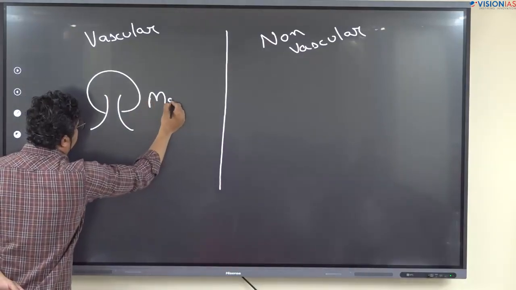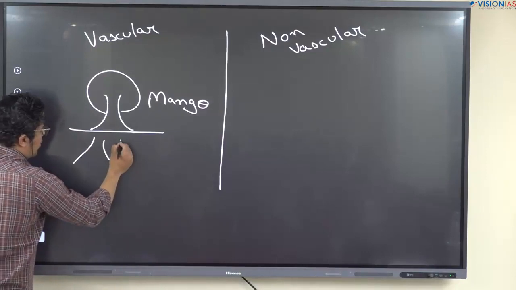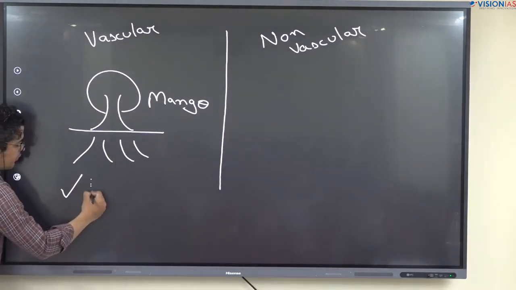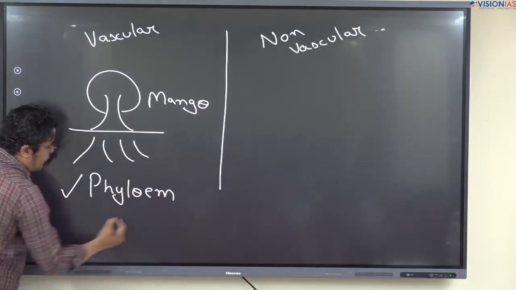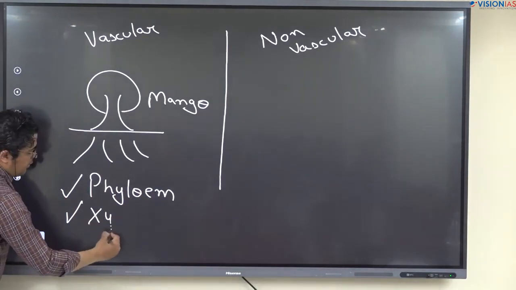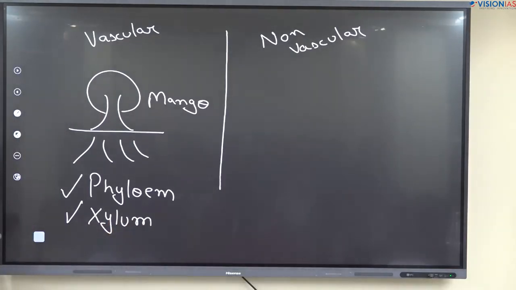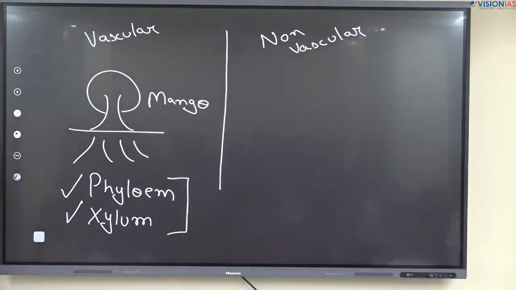Example, a mango tree. Mango tree has also got a root system. It is very big in size, got extensive root system. So mango tree will have presence of phloem and xylem. What do phloem and xylem do in the body of a plant?